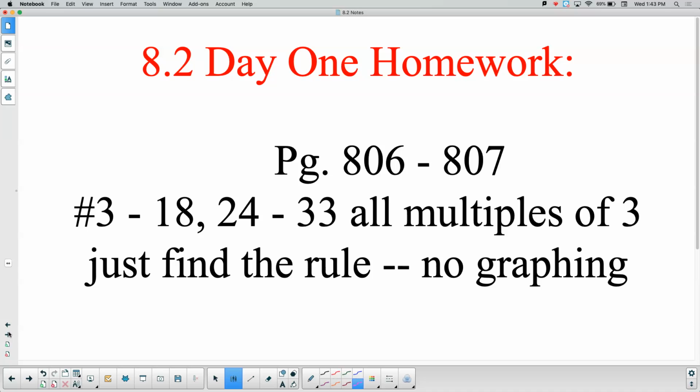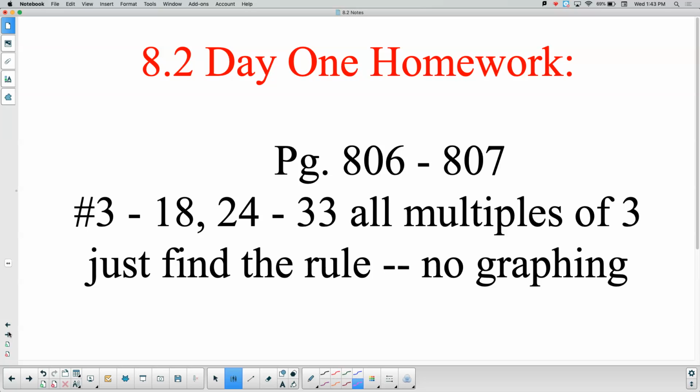On part of those, I don't remember which particular numbers they are, but the directions in the textbook say that you are also supposed to graph the sequences on a coordinate system. They're linear. Okay?